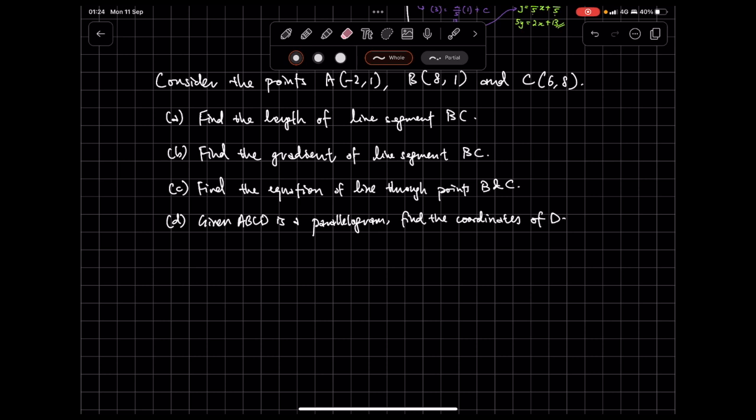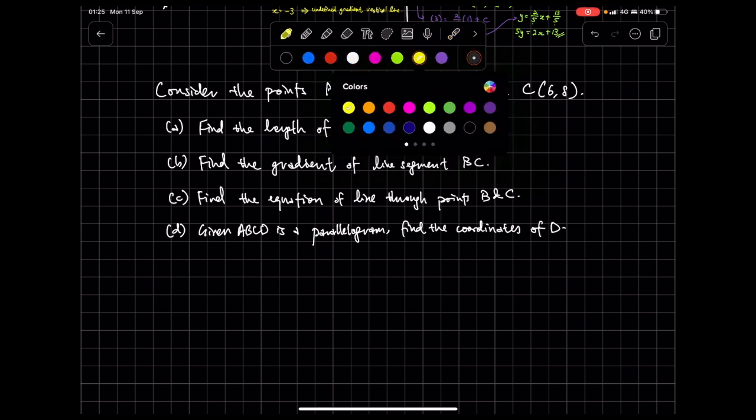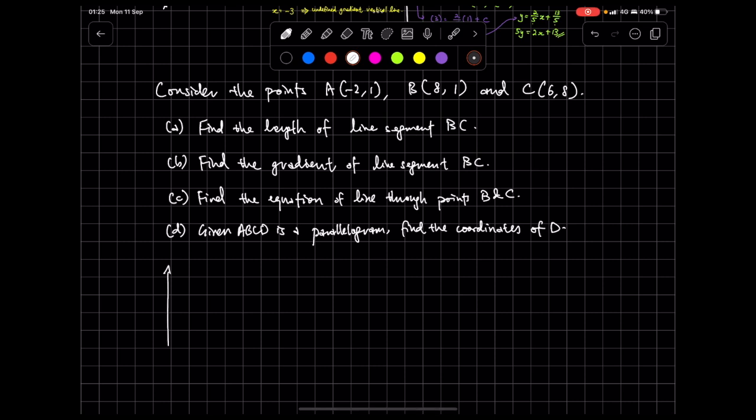I'm going to pretend I'm during the exam, under a bit of stress, and I don't really have the time or focus to sketch very nicely. So I'm just going to anyhow sketch these 3 points. What I'm going to do is sketch out my y and x axis. Maybe I sketch very small, maybe I don't have much space on my exam paper.